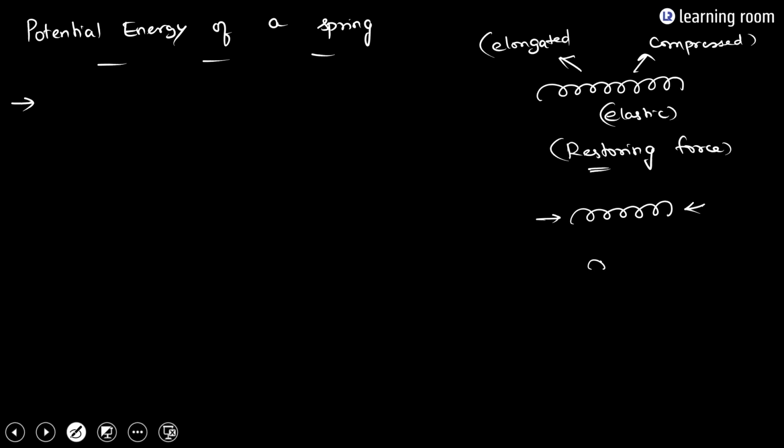In a similar way, if I apply a pulling force which is elongating the spring, and you release it, after some time it will try to get compressed and come back to its original form. So can I call that kind of phenomenon restoring itself? Means it's trying to come back to its original shape, right?